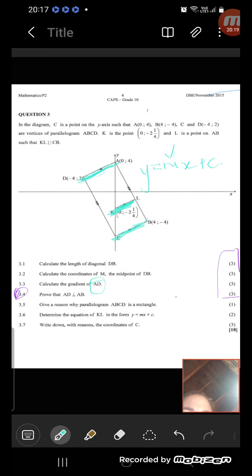Okay, also, what can I also do? C. What do you know about C? C is the point where x is 0. And where's x 0? At K itself. And so if it's 0 there, then it's given that this is actually C. C is going to be that y value.